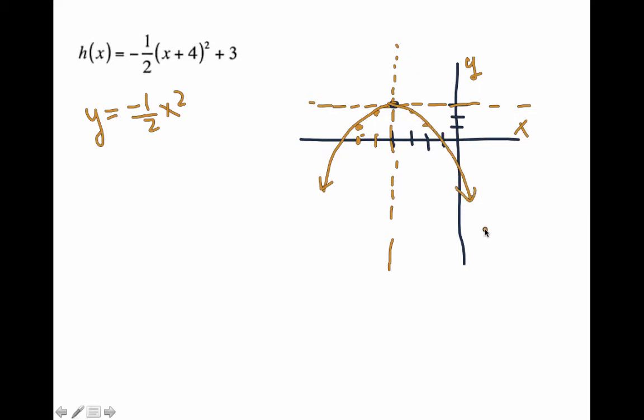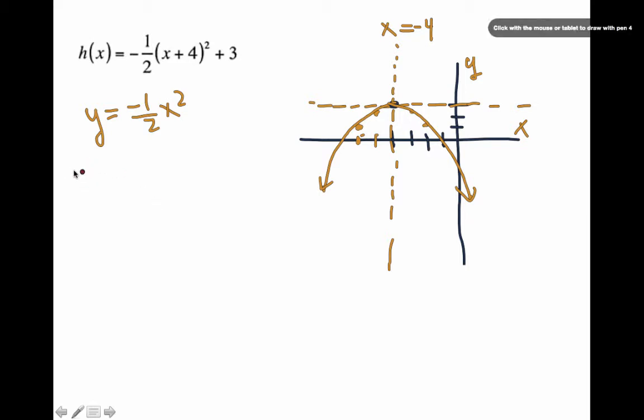Good? Now, harder to find the important information. Axis of symmetry was pretty easy. It's the line x equals negative 4. But if I wanted to find these intercepts, I would set this equal to 0 and solve. If I wanted to find the y-intercept, I would plug in a 0 for x. Let's do both.